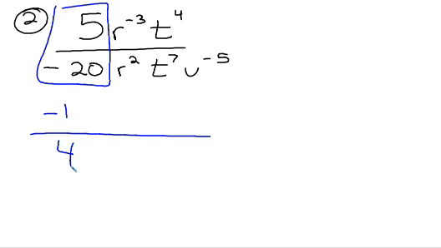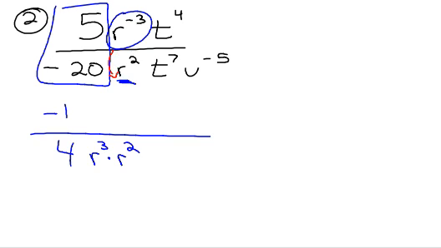Well, we've got a negative exponent right here. So that goes to the bottom. So now my r to the third is on the bottom, but there's also an r to the second. So those two get multiplied together. So I'm going to have an r to the third times an r to the second because this thing came down here.